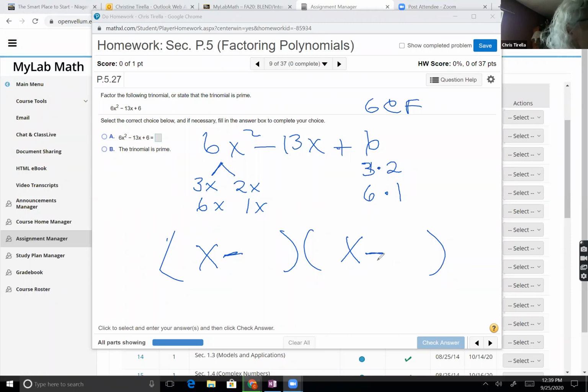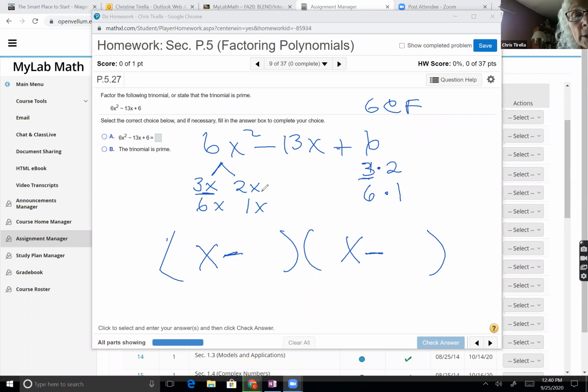What we have to do now then is decide what number goes where. Is there a way that I can get 13 from this? And as I'm looking at it, in order to try to get the 13, I'm pairing these factors with these factors. And as I'm looking at those numbers, the only way I can see of getting 13 is if I take the 3x times the 3, that'll give me 9.